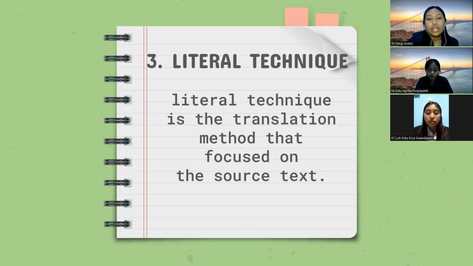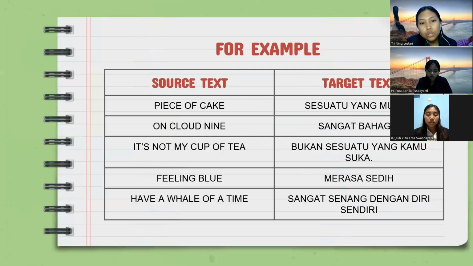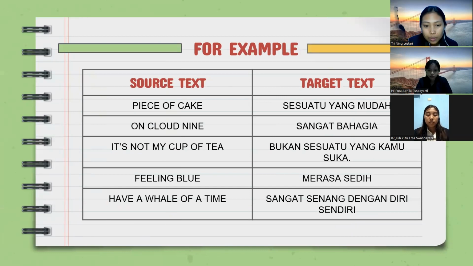If we look at the target language, we will understand that apart from translating lexically, literal translation also translates words by adapting the structure of the target language, but there is one thing missing from the sentence, namely meaning. And I also have examples.